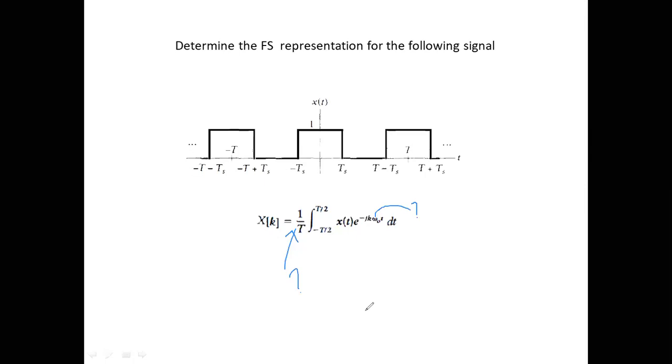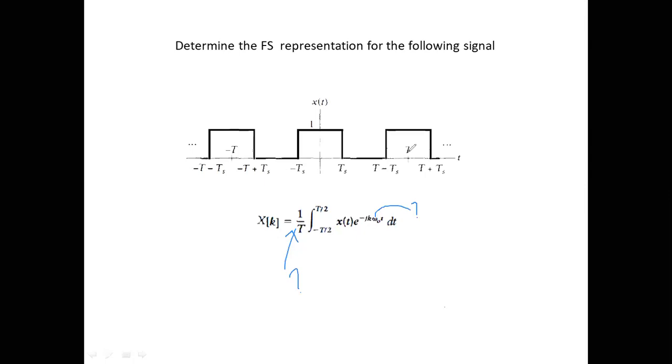Give up? Shall I continue? Let me continue. Anybody? Anyone going to tell me the period of this particular thing?